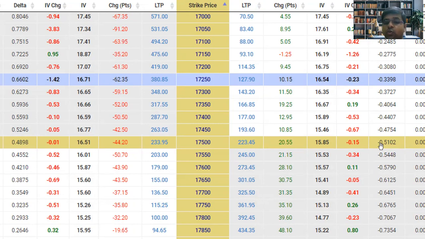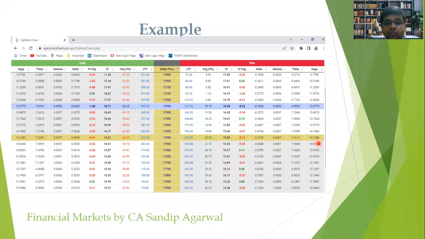So if somebody wants to do a short straddle, they can sell the ATM call and the ATM put option of the 17,500 strike price, whose delta will be almost neutral. It will be almost zero. And whenever the market moves by a certain number of points, depending on the risk appetite of the person, in order to keep his market position open, he can accordingly hedge.